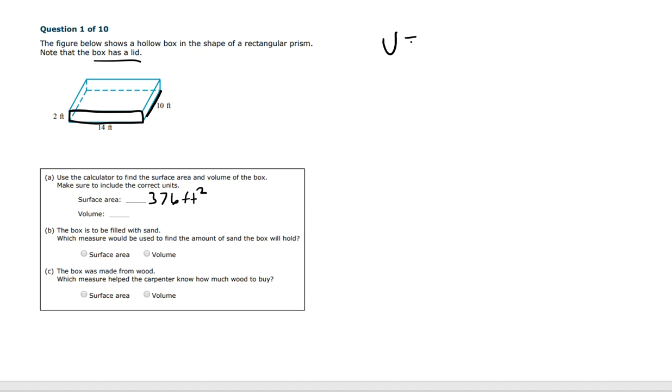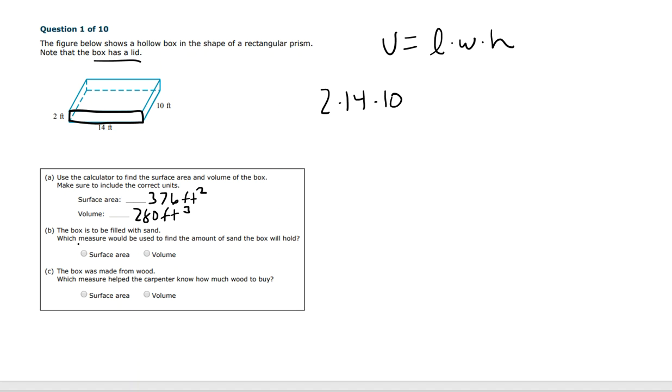Remember, if you're doing volume, you can think about it as length times width times height. So 2 times 14 times 10 basically is what we're doing. 2 times 14 is 28. 28 times 10 is 280 feet cubed. With volume, it's always cubed units, and with surface area, it's always squared units.